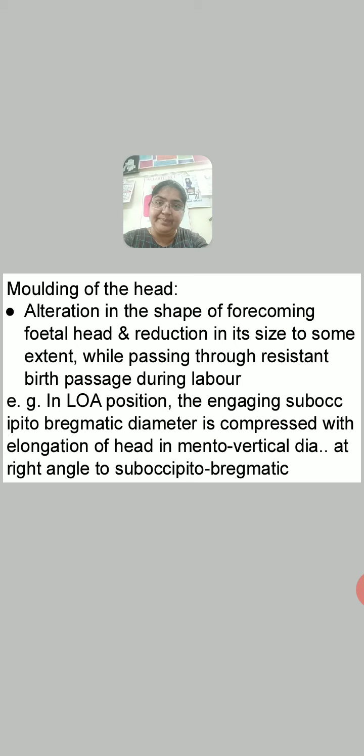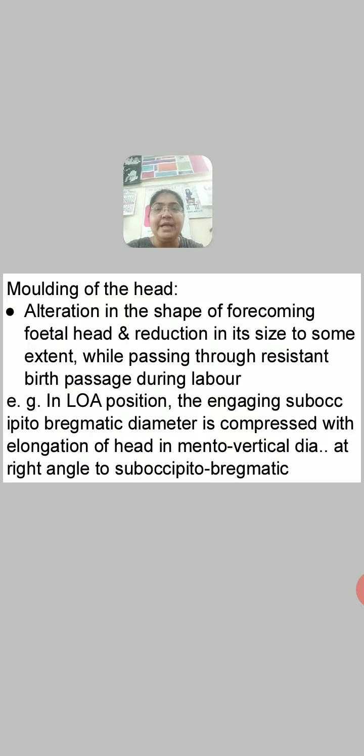How does it occur? In the LOA position, the engaging suboccipitobregmatic diameter is compressed with elongation of head in mento-vertical diameter. Mento means chin. From chin to vertex, diameter changes. See, this is the mechanism of molding of the head.